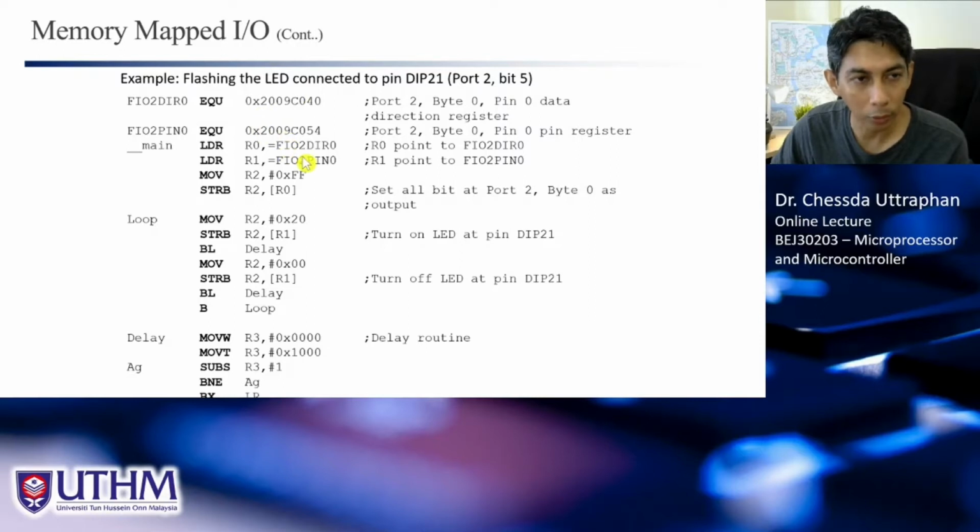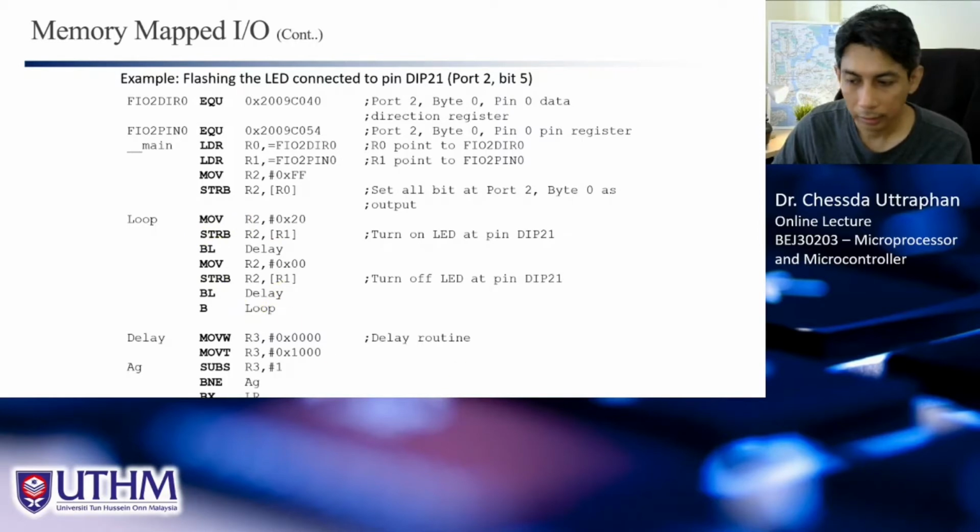We need to know the address of the direction register in order to create this flashing LED application. And the program also looks complicated in assembly language.